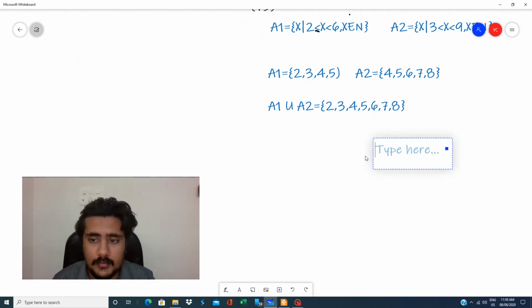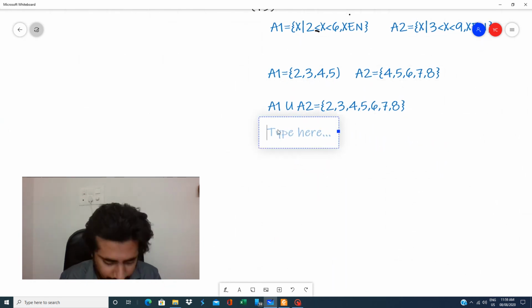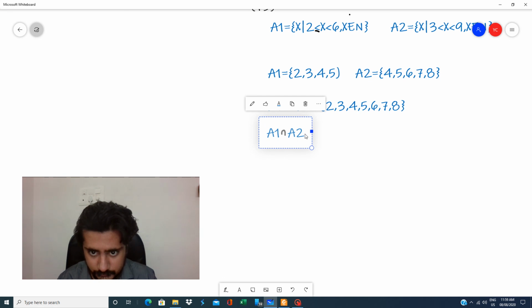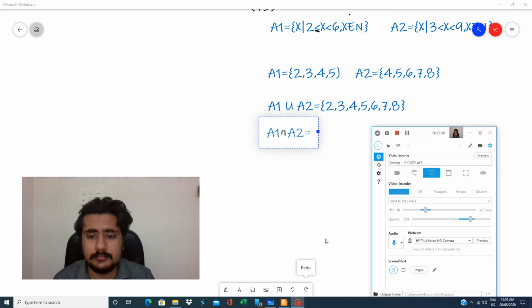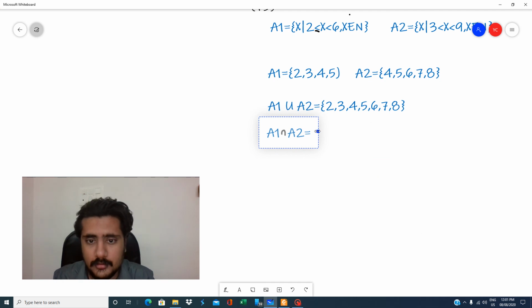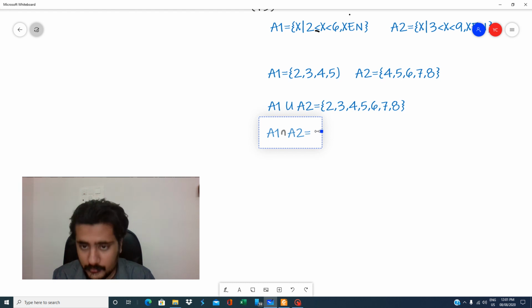And as far as intersection is concerned, A1 intersection A2. So what is the intersection? It is 4 and 5.